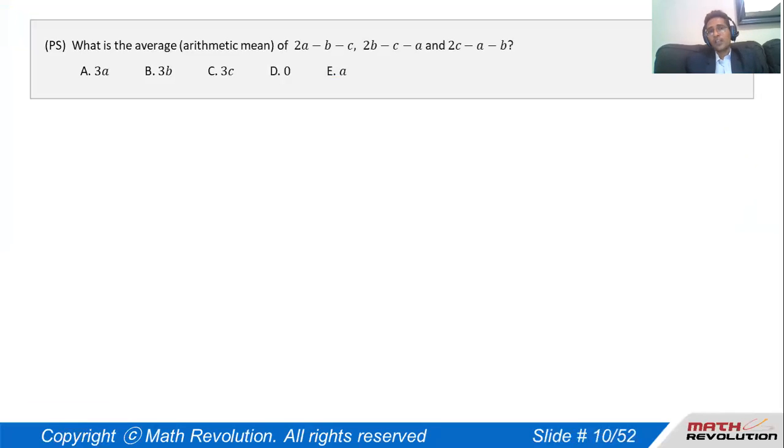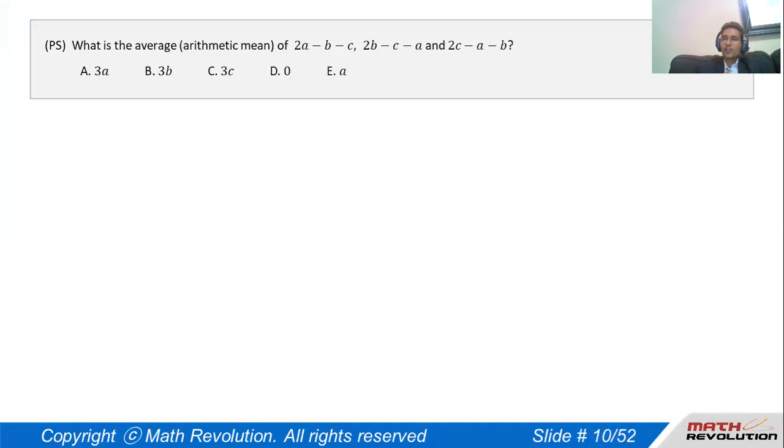Now, if we go ahead with this particular question: what is the average of 2A minus B minus C, 2B minus C minus A, and 2C minus A minus B? I can recollect very easily that I have to find a mean that is already given to me, and I've got five different options.